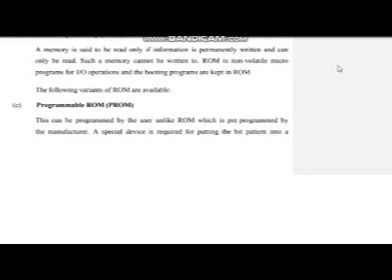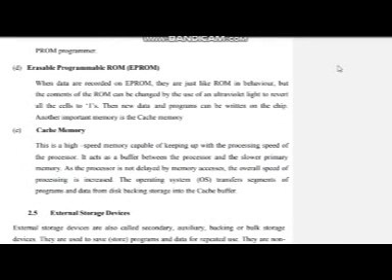When data are recorded in EPROM, they are just like ROM in behavior, but the content can be changed by the use of ultraviolet light, which reverts all the cells to ones. Then new data and programs can be written in the chip.